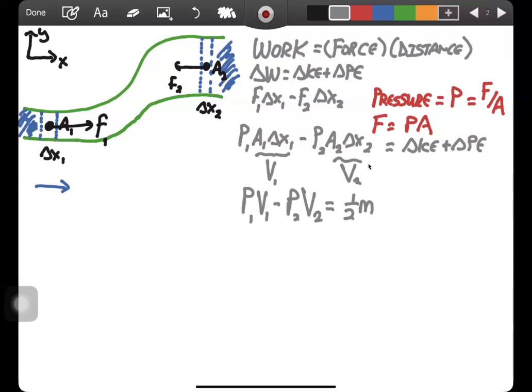So I don't need to give it a number because it's just a constant m throughout. Whatever my v2 is, so that would be on the right, squared, minus 1/2 m v1 squared.